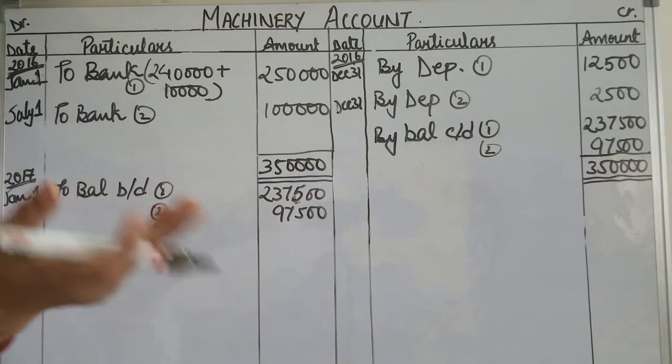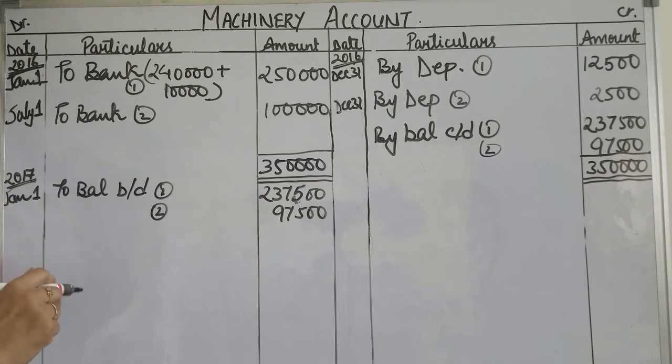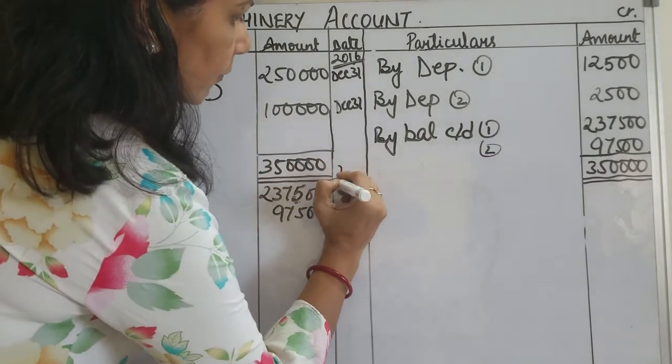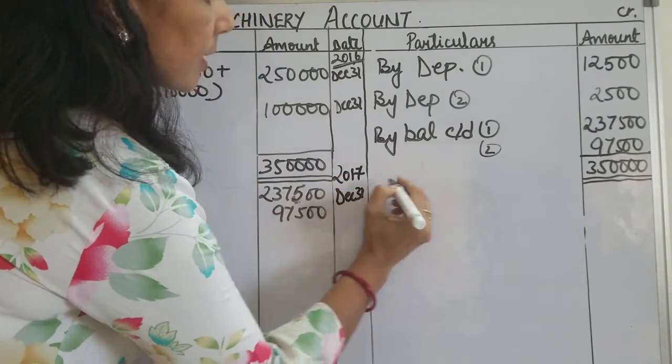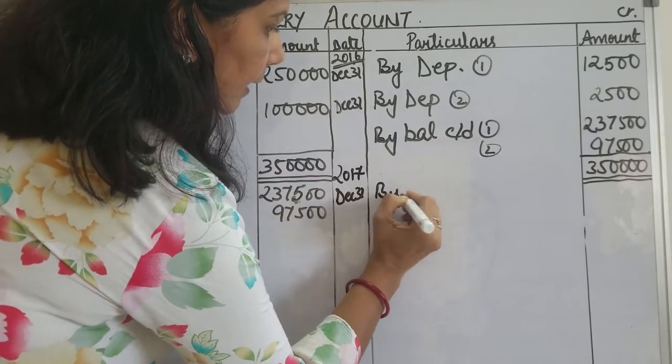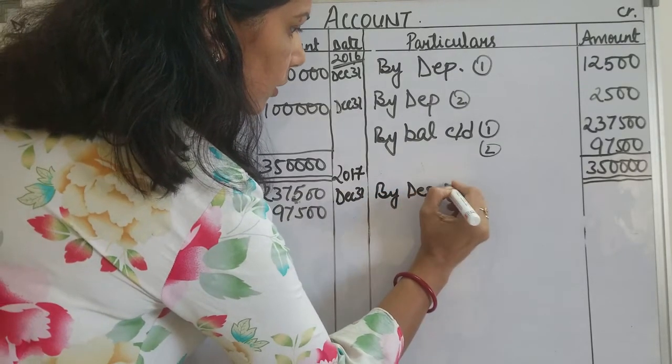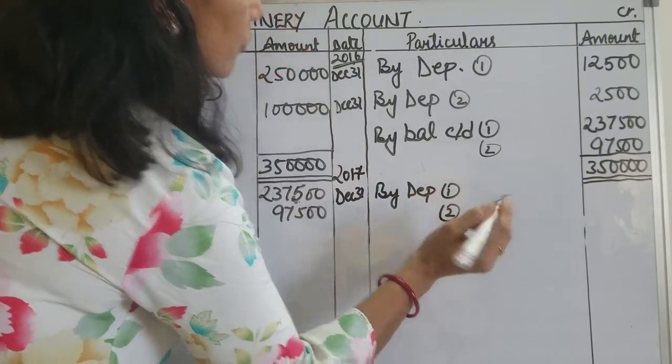Now, as nothing new happened in 2017, we'll simply provide depreciation at the end of the year, which is December 31st, and we'll mark it like by depreciation on machinery 1 and on machinery 2.